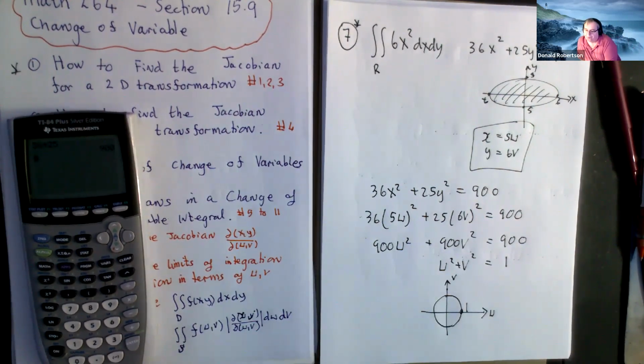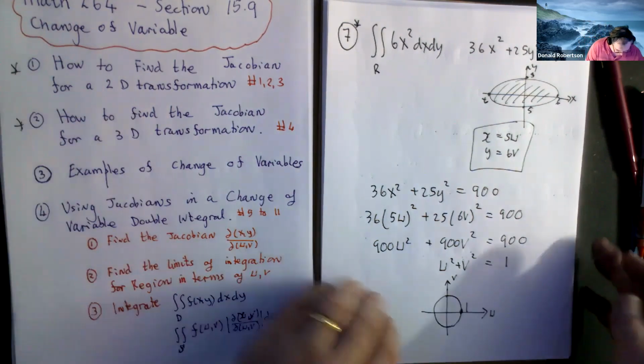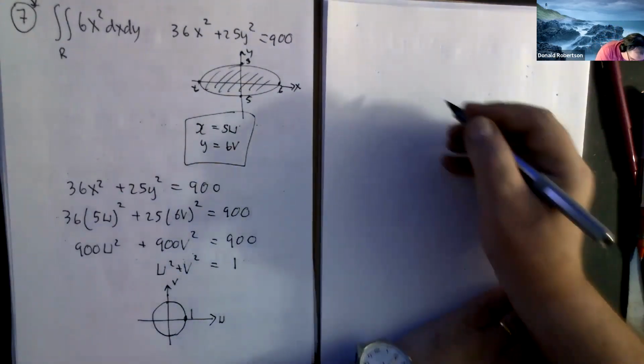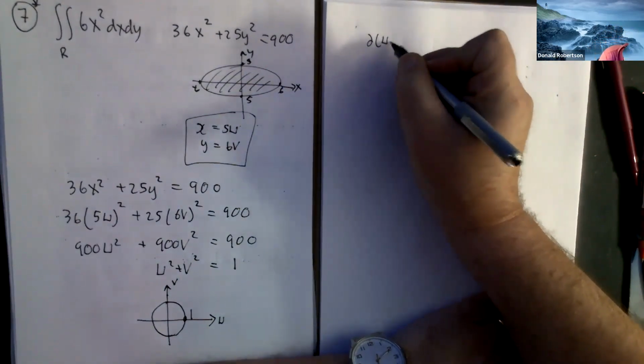That'd be cool. That would be a circle. Now, isn't a circle much easier to do than the original question? So what I'm going to do first, before we get too caught up on the details, is I'm going to find the Jacobian, because I need that.